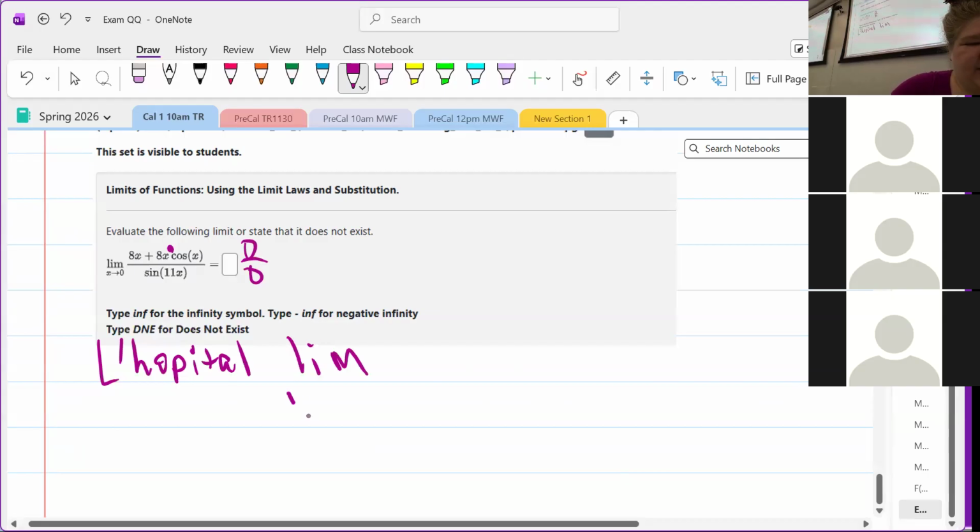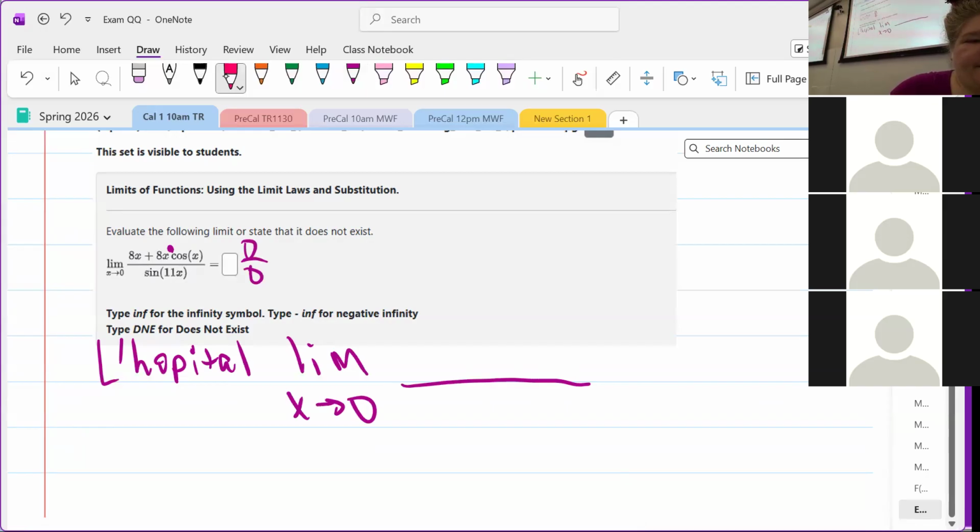So we still have our limit as x approaches 0. So on the top, the derivative of 8x is 8 plus, now we've got a product rule.